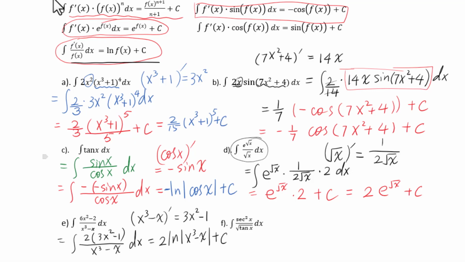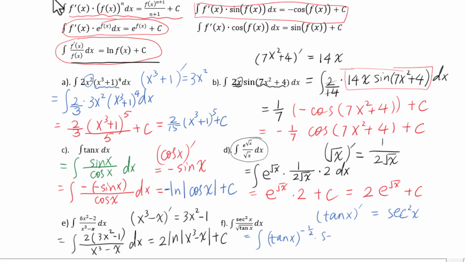Let's go to F. We know tangent x, prime, equals secant squared x. So for F, we can rewrite it as the integral of tangent x to the negative 1/2 power times secant squared x dx.